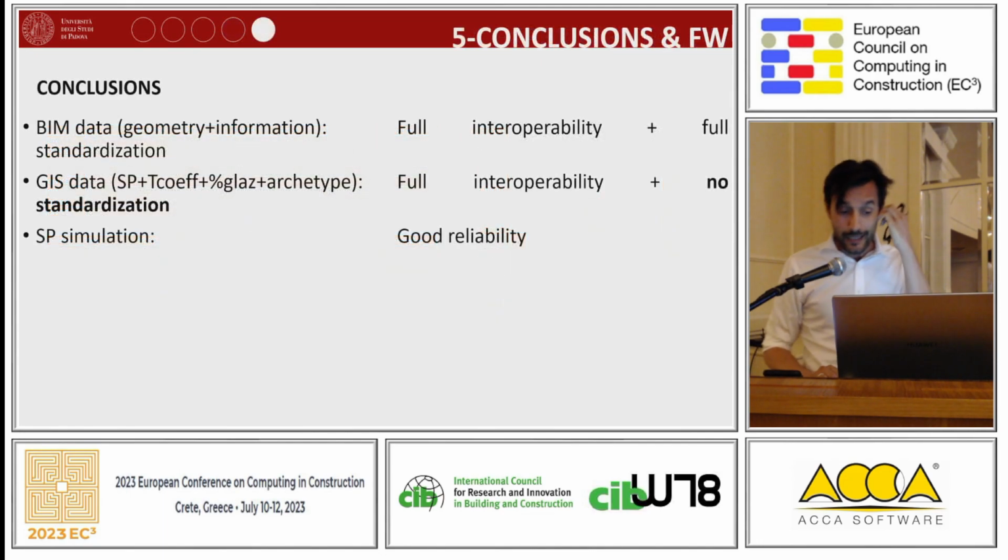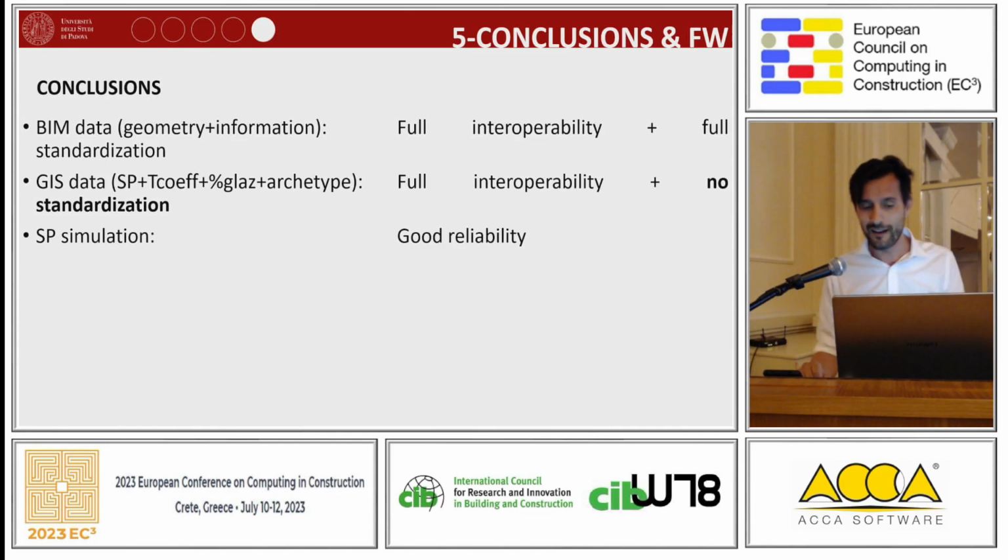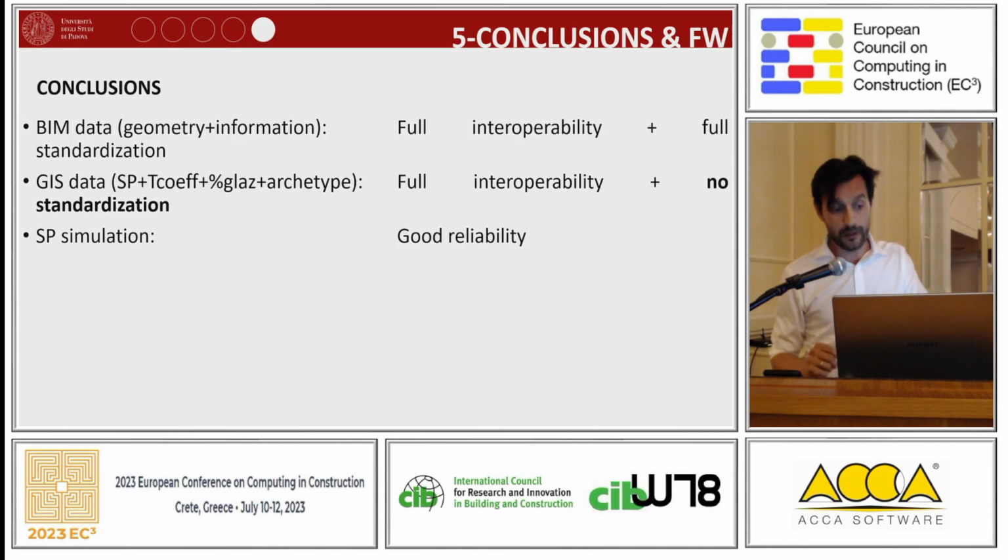Okay, so in the end, we had good results regarding BIM data because it ensures full interoperability. I apologize for the fonts. Full interoperability for geometry and information standardization, and full standardization because we refer to the IFC data model.